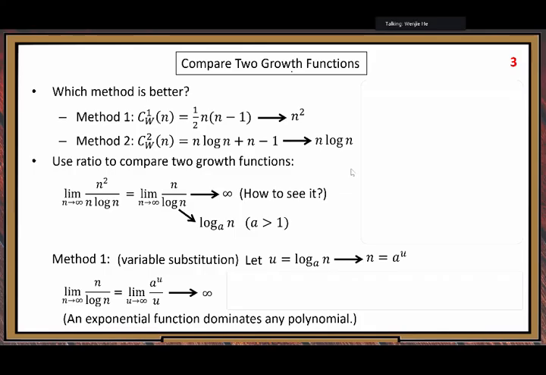Next, we want to use a special math tool, L'Hopital's rule, to do the limit calculation. If we use the direct way to do the calculation, that's not very convenient. A lot of things we cannot control, because the numerator goes to infinity and the denominator also goes to infinity.